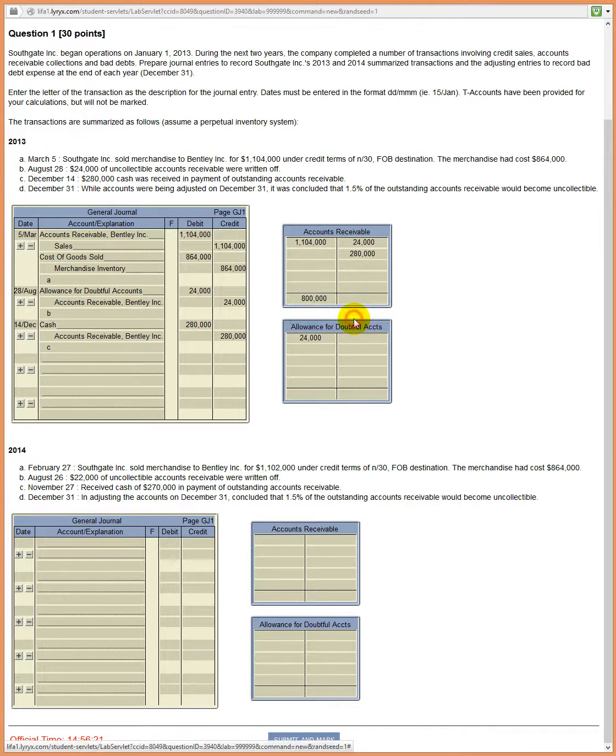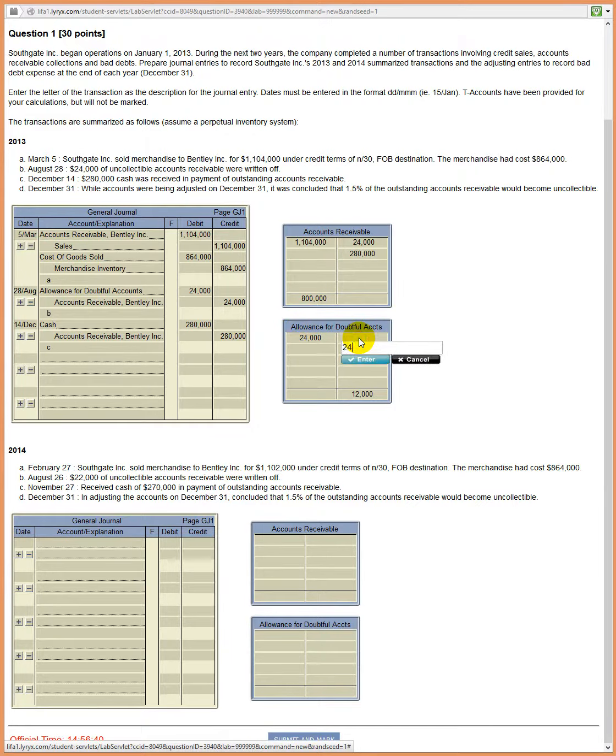So that is the balance in accounts receivable. So our target balance down here is 1.5% of 800,000, or 12,000. In order to get there, we have a debit balance of 24,000.